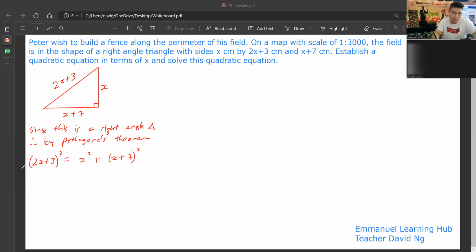Agree with this equation? Yes, because of Pythagoras theorem, the length of the hypotenuse squared would be the sum of the squares of the other two sides, x squared and x plus 7 in a bracket squared.